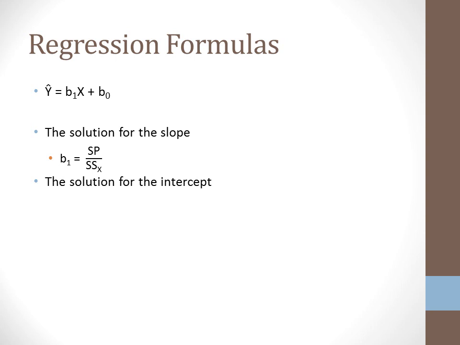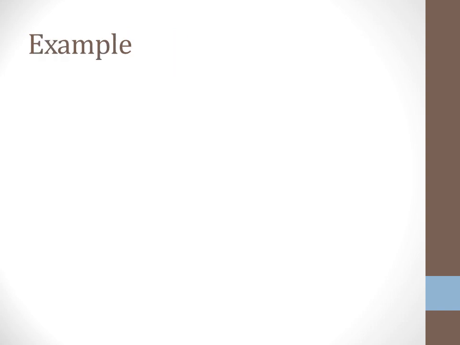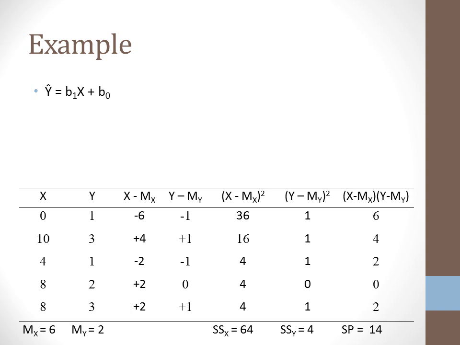To find the value for the intercept, we take the mean of the y variable and subtract from it the slope multiplied by the mean of the x variable.